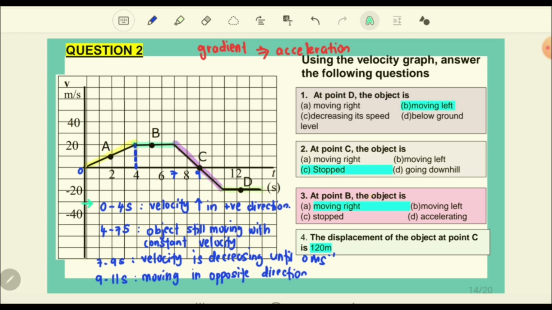This one should be 20. From 9 to 11 seconds, the velocity is increasing. It's moving in the opposite direction, that's why the velocity is negative, but the speed is increasing from 0 to 20 meter per second.